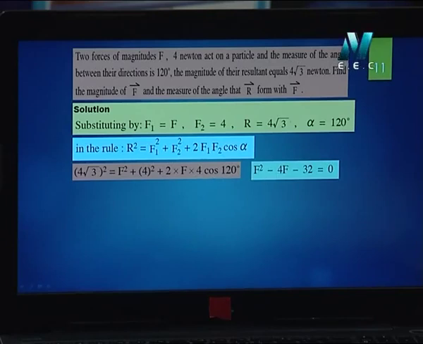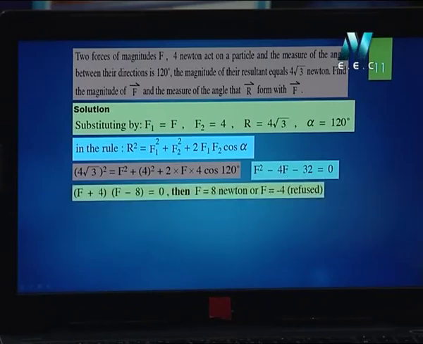So put negative 4F beside F power 2, and 4 root 3 power 2 will be 48, and as an equation you put them on the other side with the negative sign: F power 2 minus 4F minus 32 equals 0, and we will factorize it.